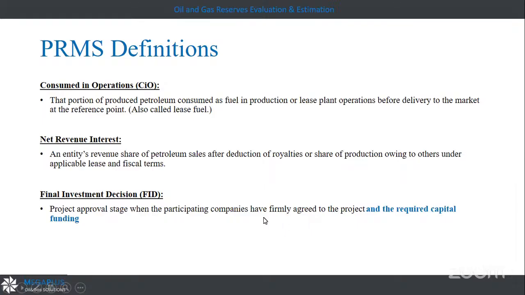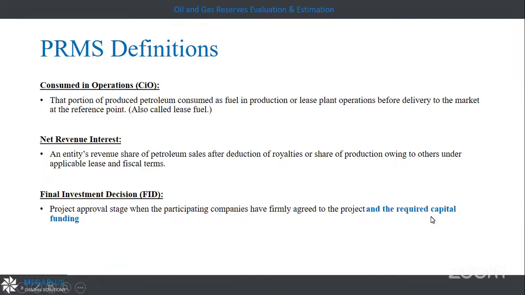So if the participating companies firmly agreed and the project requires capital funding, according to the PRMS the company can announce that we have a final investment decision. I mention this terminology because it can differentiate between PRMS and another management system like the SEC. The SEC definition must have capital funding. Here, it doesn't require capital funding.